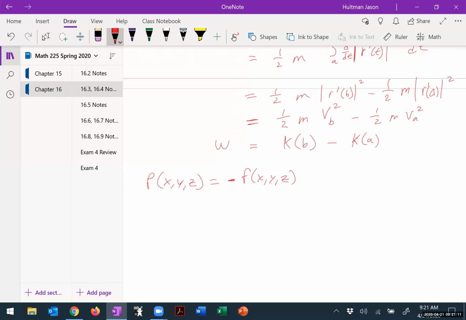And so it's a negative. It's in the opposite direction of the force. So it's negative of the position that I'm at. The higher the position, the more potential energy I have.